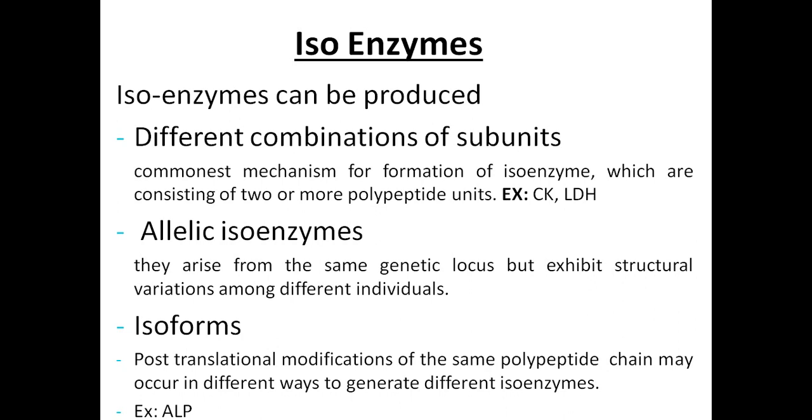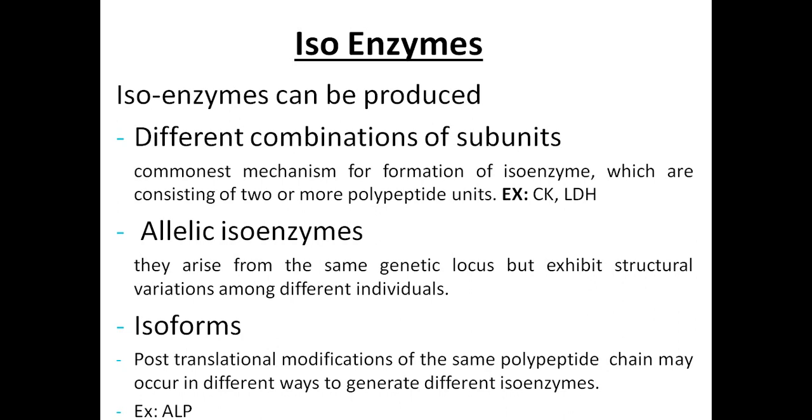Allelic isoenzymes arise from the same genetic locus but exhibit structural variations among different individuals.